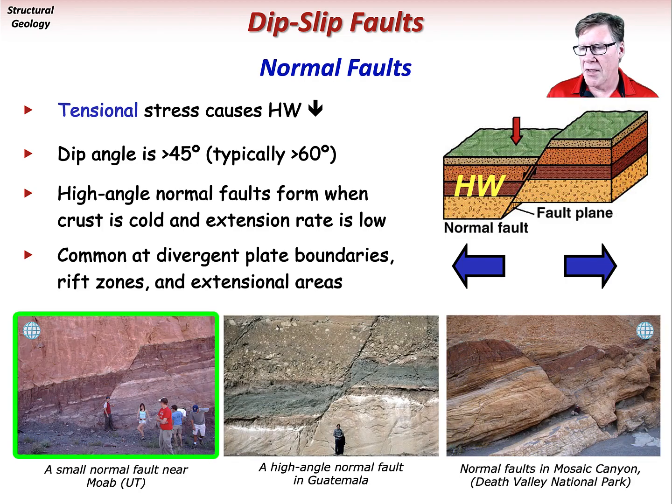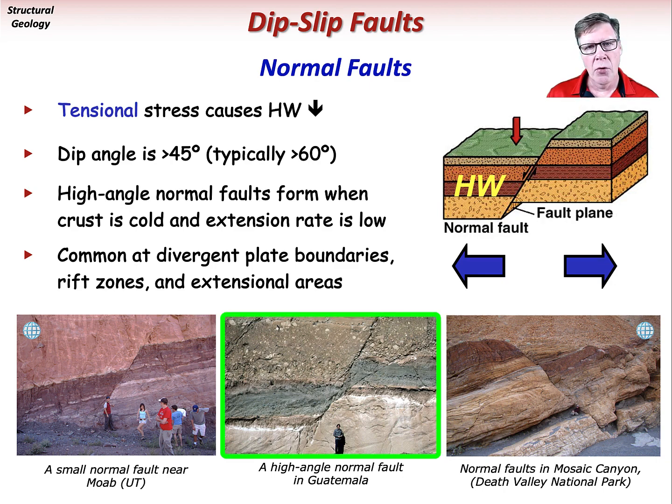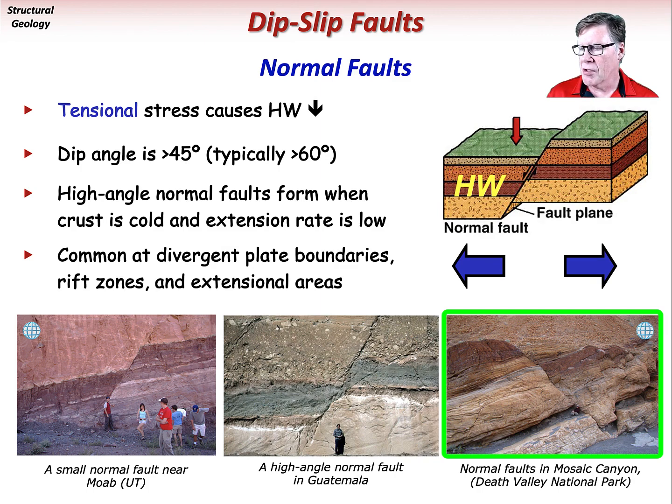At left is a small normal fault exposed along U.S. Highway 191 near the entrance to Arches National Park in Moab, Utah. At middle is a high-angle normal fault located in Guatemala. And at right are a series of small normal faults exposed in Mosaic Canyon in Death Valley National Park.